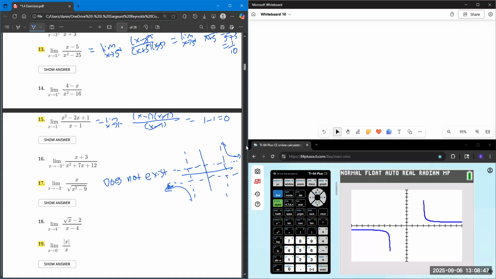It has two different horizontal asymptotes, 1 on the right and negative 1 on the left. But the limit as I get close to negative 3 doesn't exist because it's tending towards negative infinity. It is decreasing without bound.